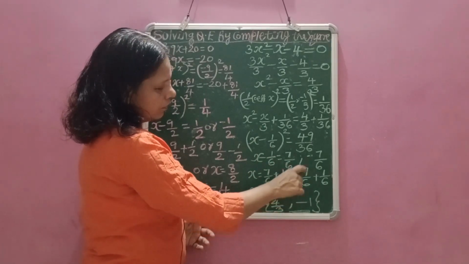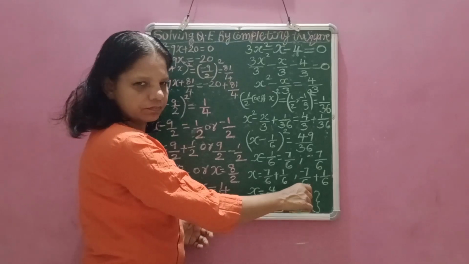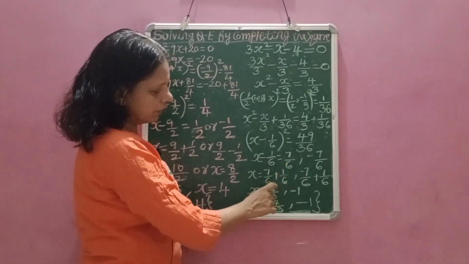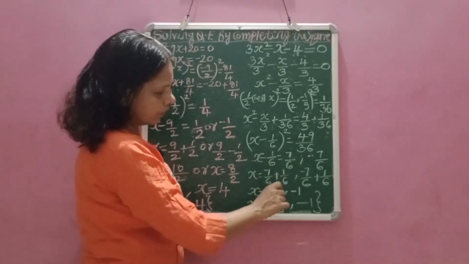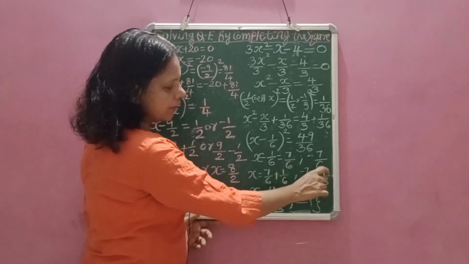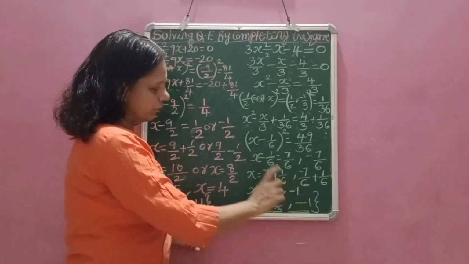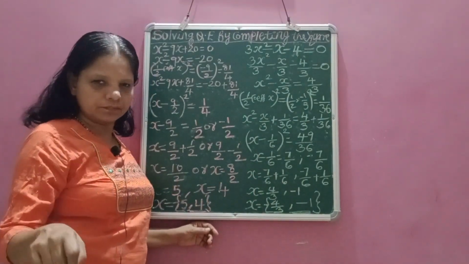And minus 7 upon 6 plus 1 upon 6. So 7 plus 1, 8 upon 6. On simplifying, 4 upon 3. And here minus 7 plus 1, minus 6. Minus 6 upon 6, minus 1. So one value is 4 upon 3 and the other value is minus 1.